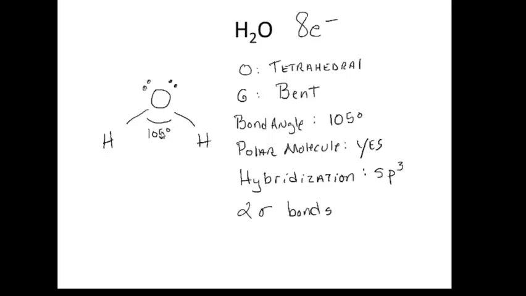Tetrahedral's the only one that will give you specific bond angles for lone pairs. 109 is the original, 107 with 1 lone pair, 105 with 2 lone pairs. Everything else just usually says less than. Polar molecule, absolutely.